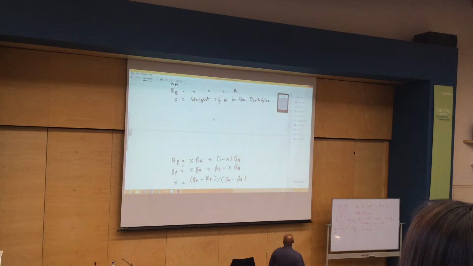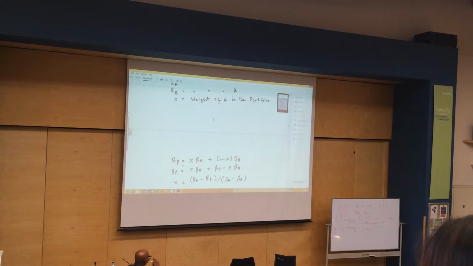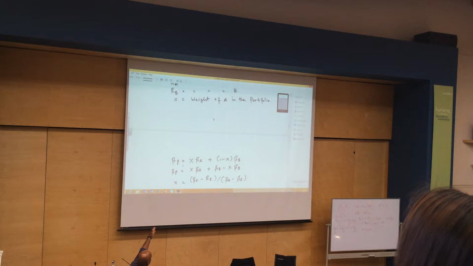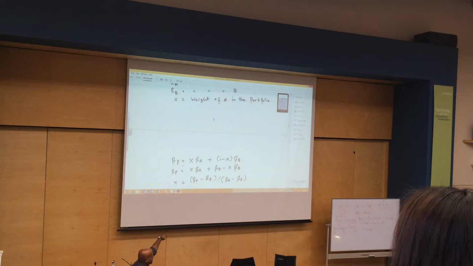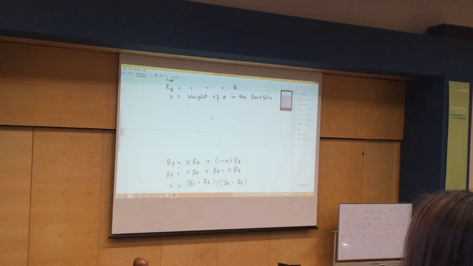I don't want to do this on the board. From here, if you open things up, you get the value of x. Can you see from that equation to this equation? Simple algebra. You go from beta of P equal to that equation over there on the whiteboard to x equal to that. That's 3 or 4 steps. It's very easy to do.